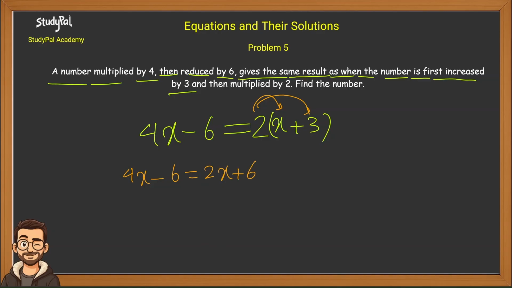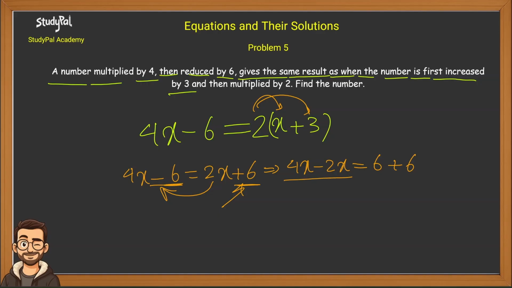Again, we have x on the left hand side and the right hand side. We want them on one side. So take this one to the left hand side. We have 4x minus 2x equals positive 6 was already there. And minus 6 goes to the right hand side and becomes positive 6.